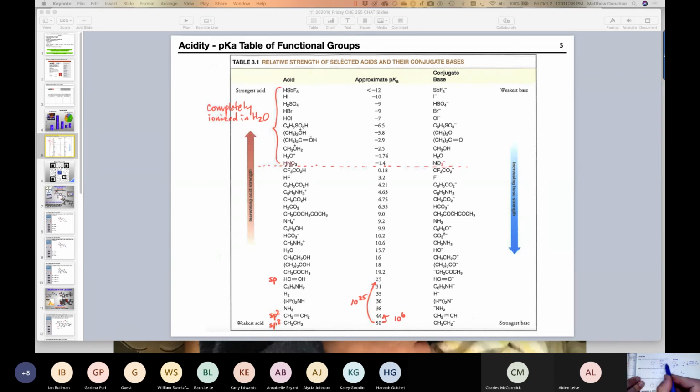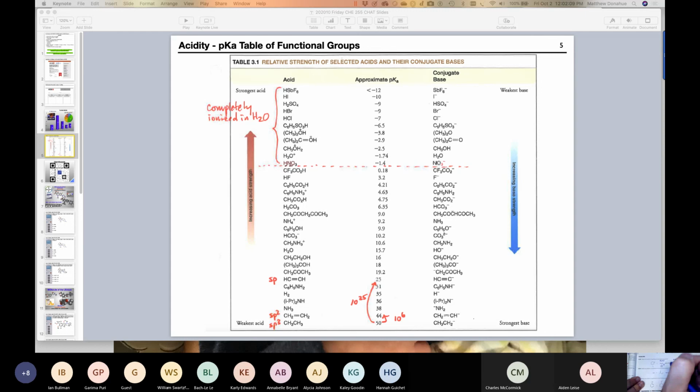So between 15 and 50, these are the numbers you're comparing. Compound 2 or 3, which one is the weaker acid? Compound 2 or compound 3? So we're getting some responses of 3. 3 is the weaker acid.